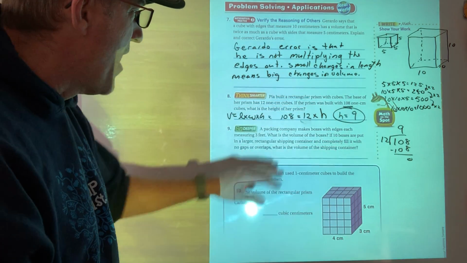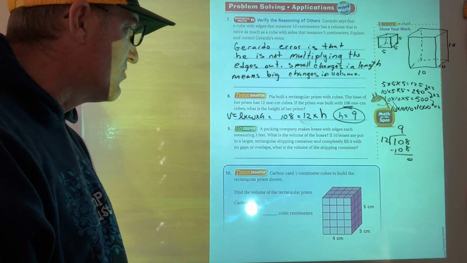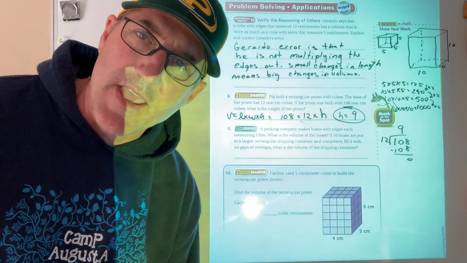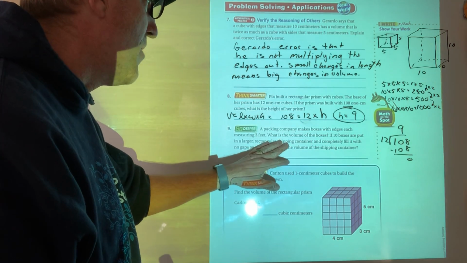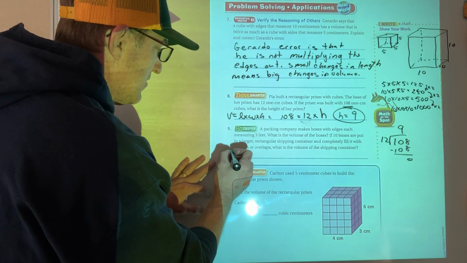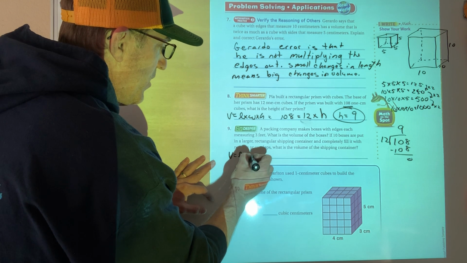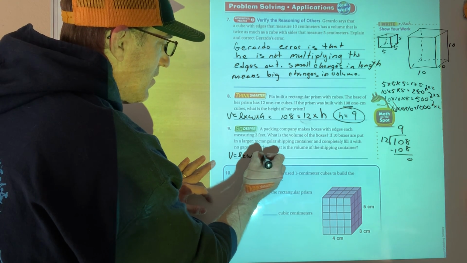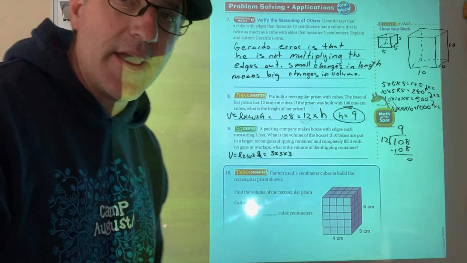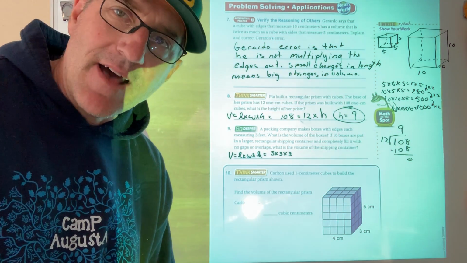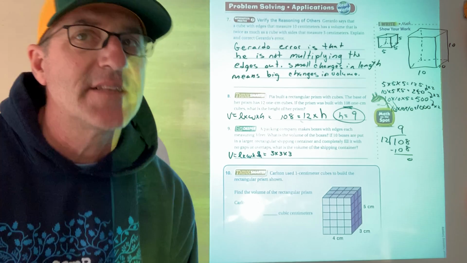Tougher problem. A packing company makes boxes with edges each measuring 3 feet. So those are cubes, 3 by 3 by 3. What is the volume of the boxes? One box is length times width times height, which equals 3 times 3 times 3. I'm going to multiply these out. Is it going to be 9? No, that's if I add them.